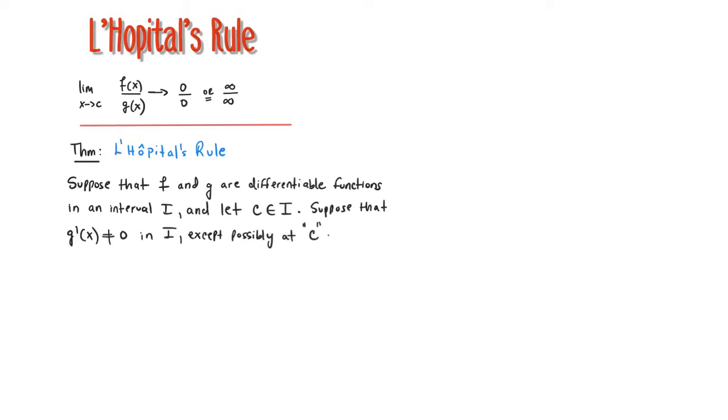In other words, we don't mind if the derivative of g is equal to 0 at c. What we want is for the derivative to be non-zero around c.